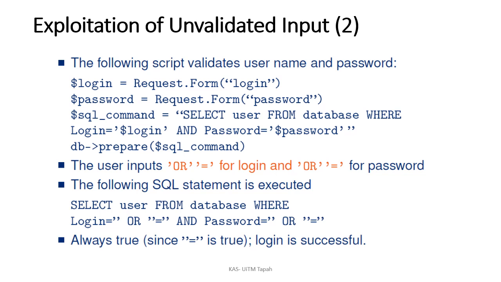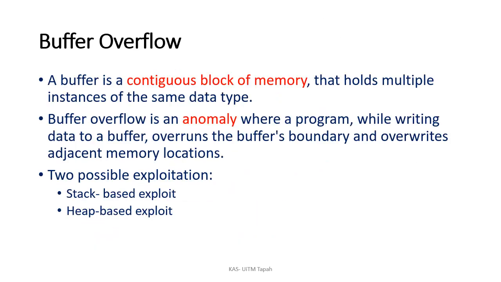So that's why kita kena elak benda ni. Kadang-kadang kita boleh letak comma, kadang-kadang symbols. So bila dia true, then we can access the database. That is how SQL injection works.